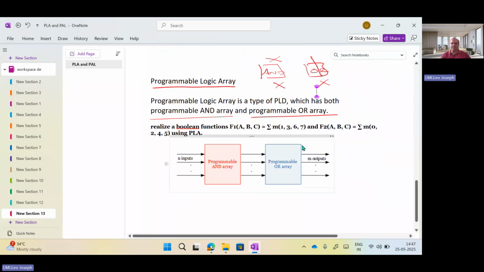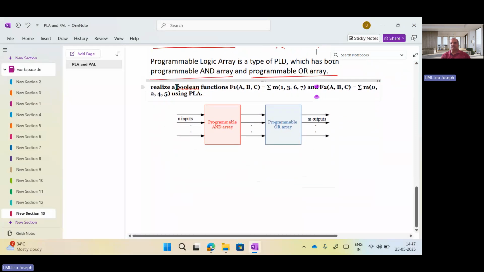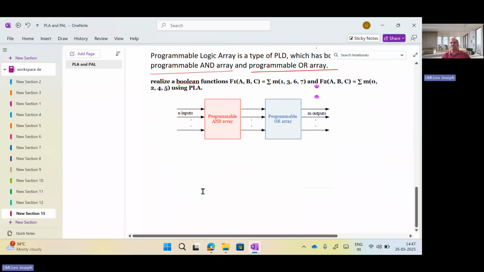Now, for explaining this, I am taking a Boolean function: sigma m of 1, 3, 6, 7 and sigma m of 0, 2, 4, 5. Just two functions I am taking for analyzing these things. Here you can see they have given minterms, so we need to write a table for this.